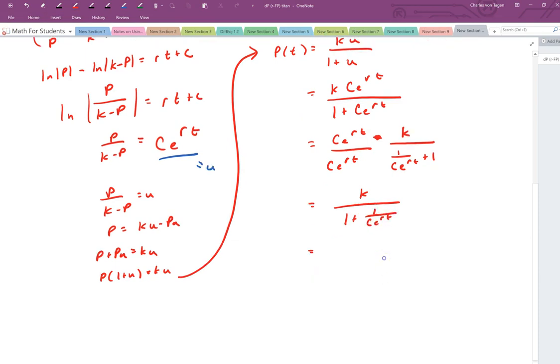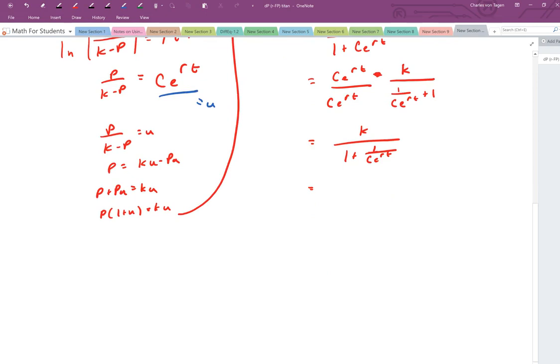And all I'm doing here, folks, is some algebra to clean up my final answer. So this gives us 1 over 1 plus, so I think you should agree that this would be 1 CE to the minus RT. But then this constant right here, 1 over that constant, is again just an abstract or arbitrary constant, so we get K over 1 plus CE to the minus RT.